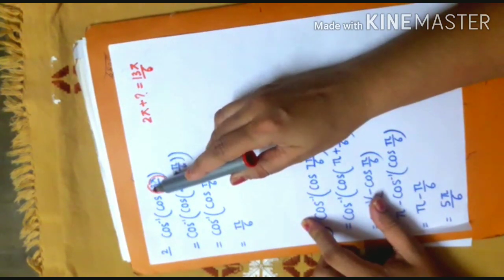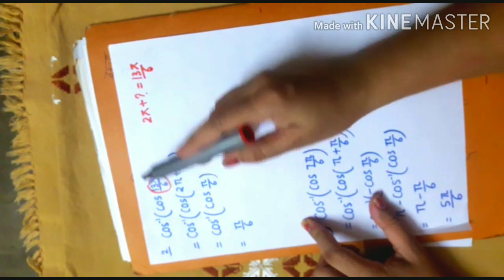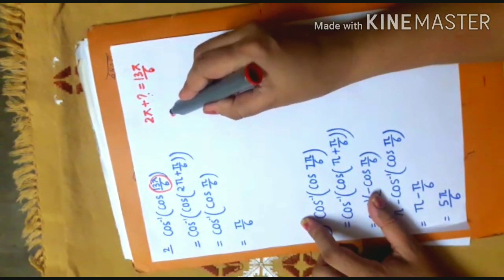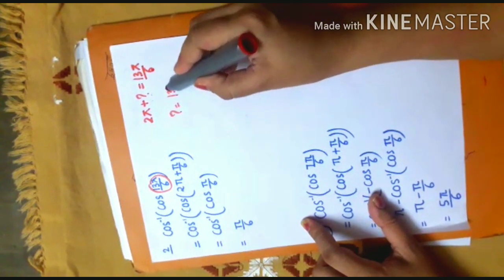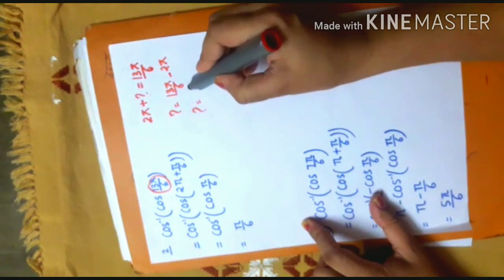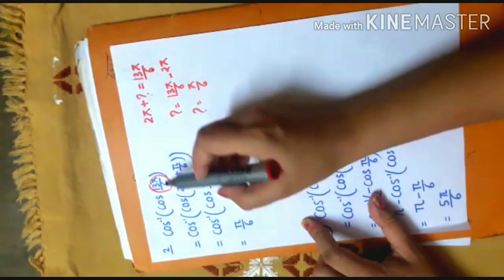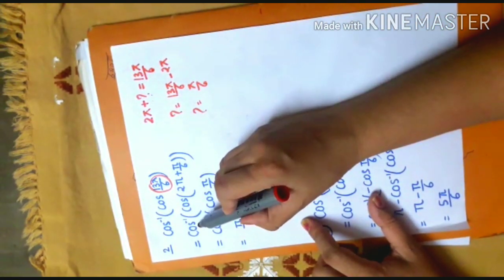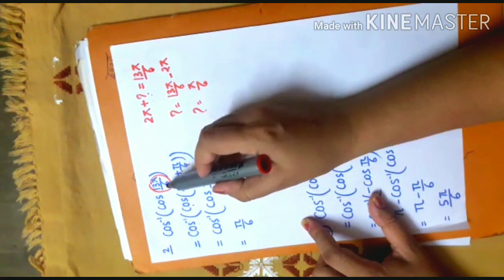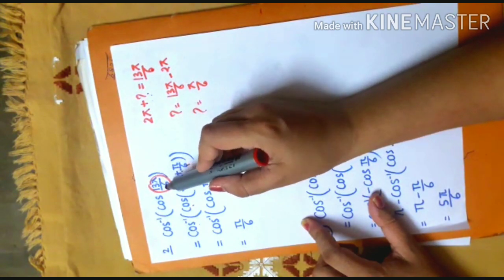We know that this angle is greater than 2 pi. So 2 pi plus something should be 13 pi by 6. So that something will be 13 pi by 6 minus 2 pi, that is pi by 6. So I can write this as cos inverse cos of 2 pi plus pi by 6, because 2 pi plus pi by 6 will give you 13 pi by 6.